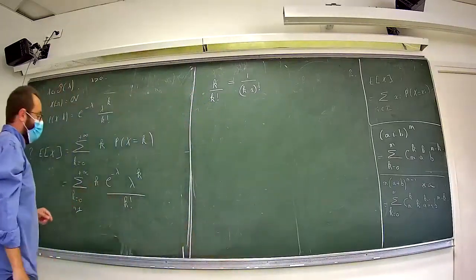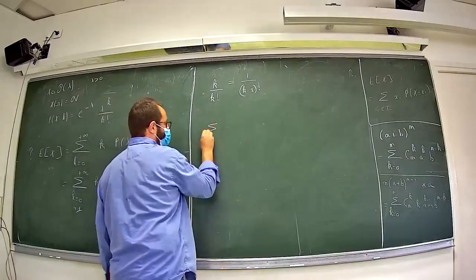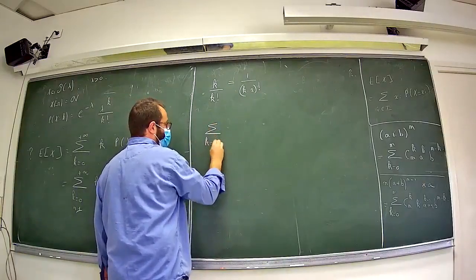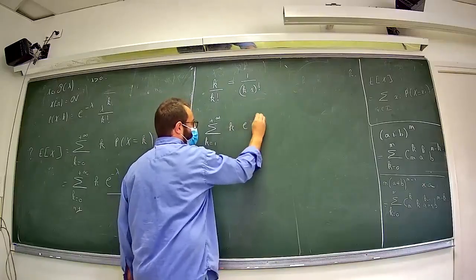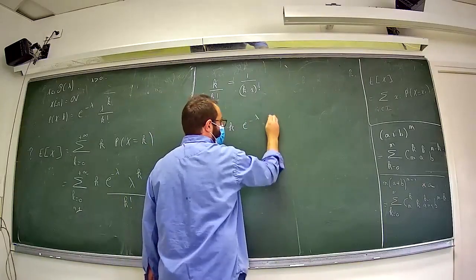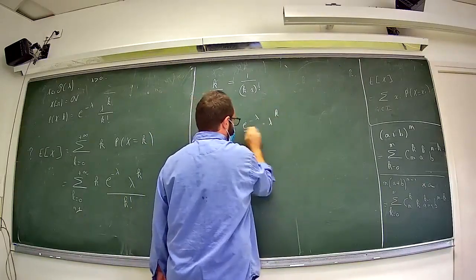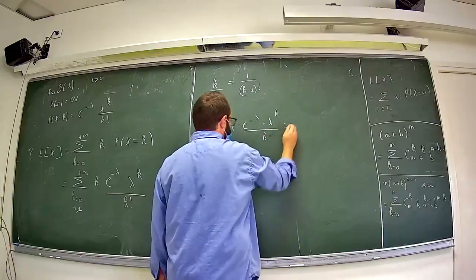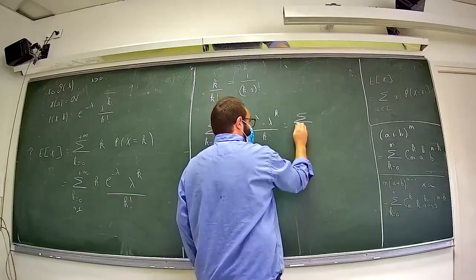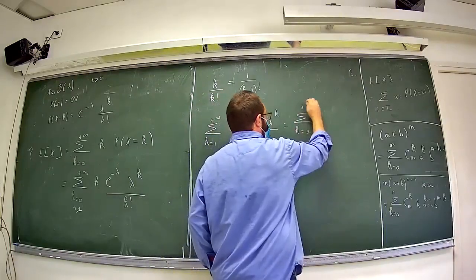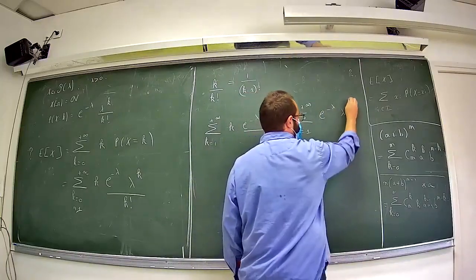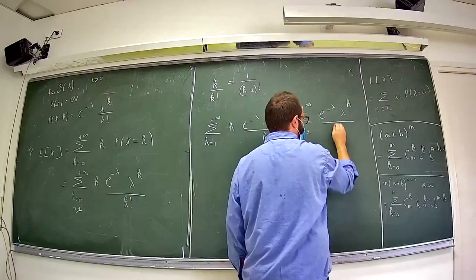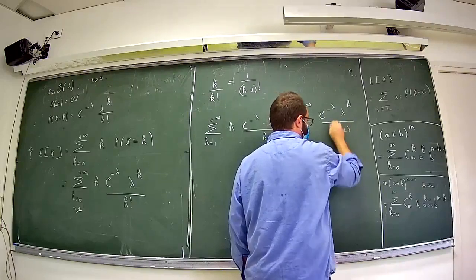So if I have a look at the sum I am interested in, the sum from k equal to 1 to plus infinity of k exponential minus lambda, lambda to the power k over k factorial, can be written as the sum from k equal to 1 to plus infinity of exponential minus lambda, lambda to the power k over k minus 1 factorial.